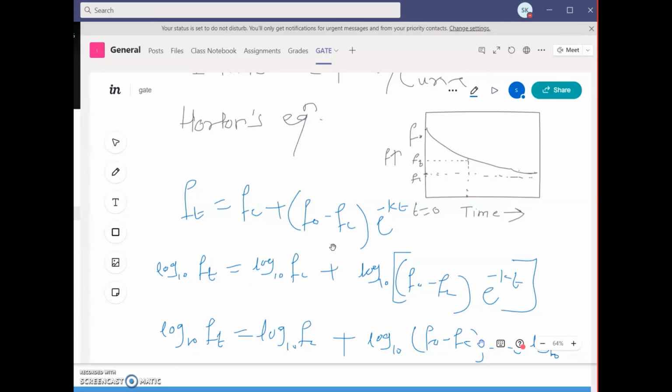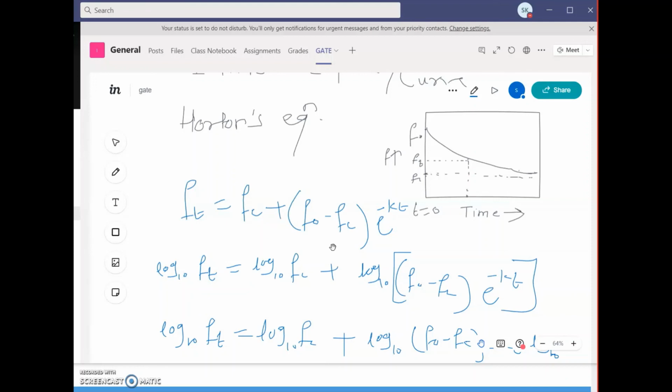And infiltration capacity is basically the maximum infiltration rate. So generally it is the value of f naught also, because when rainfall occurs, initially the f naught value is very high, and then it decreases after some time.